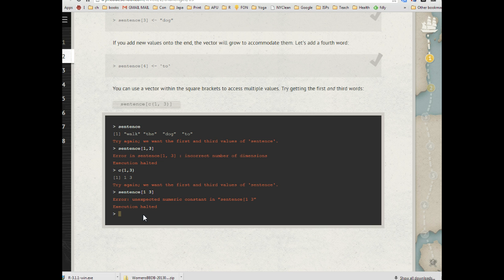How do we have to do it if we want to get those 2 elements, the first and the third element, out of sentence? We have to use the combine function inside to create a vector. In other words, it has to have a vector in order to extract those elements. So if we finally do it the way they told us to do it, like that, then we will get what?